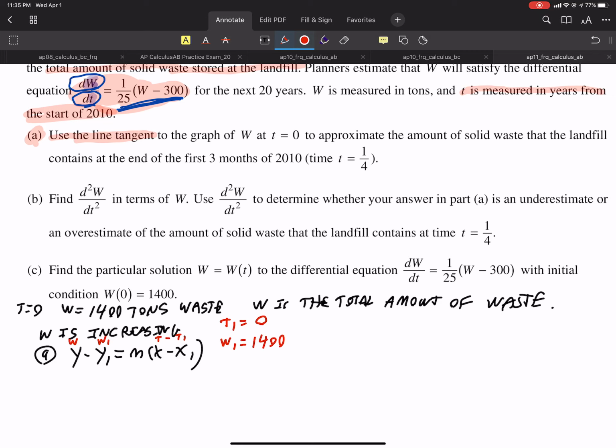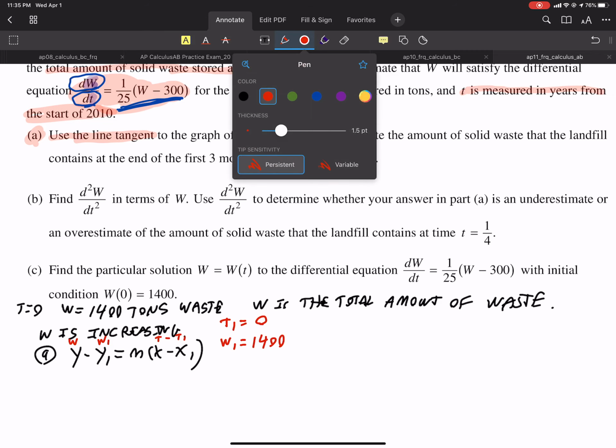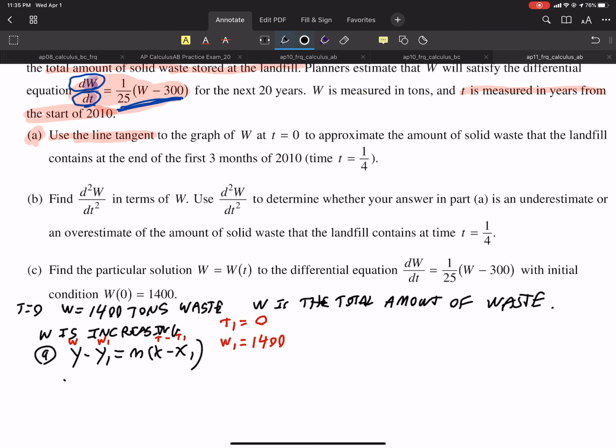So that part's easy. So in my equation, I can already do this. And now I just need to find the slope. But how do you find the slope of a tangent line? Because this is a tangent line approximation, you should all know that the slope of the tangent line is the derivative.